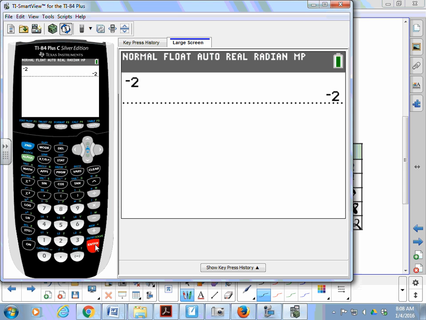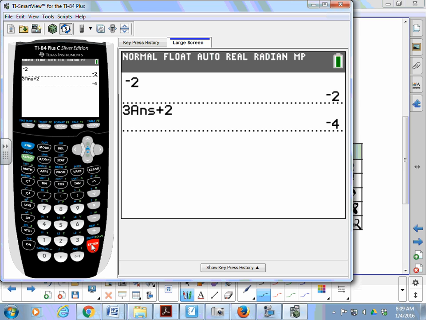All right, so we're storing that answer then for our last answer. And then if you look where your negative key is, it's got answer there, ANS. So if I do 3 times the answer, right, that's the last number I just got, plus 2.